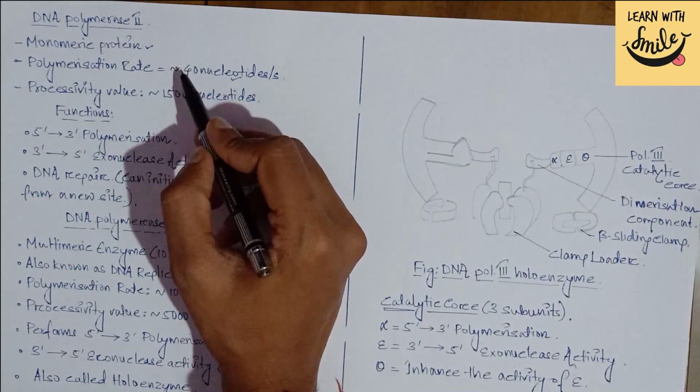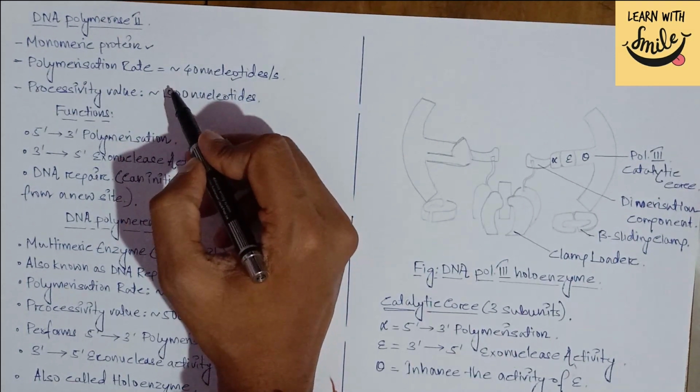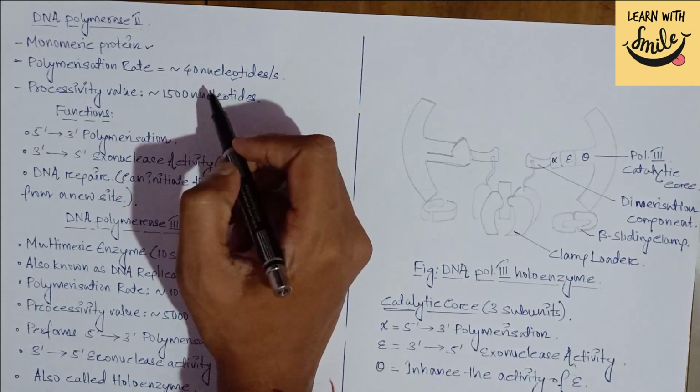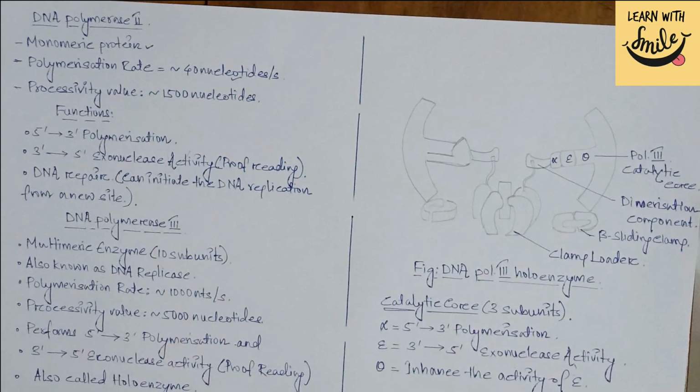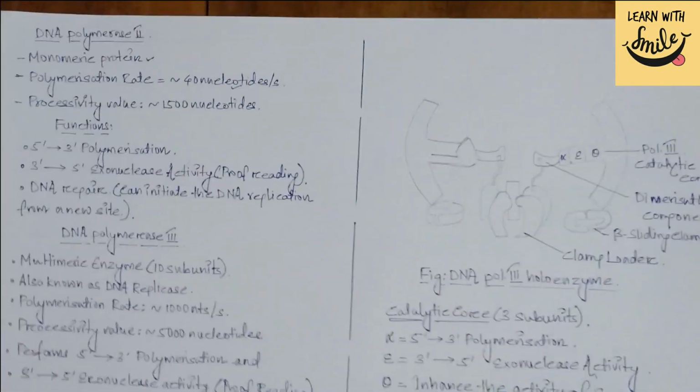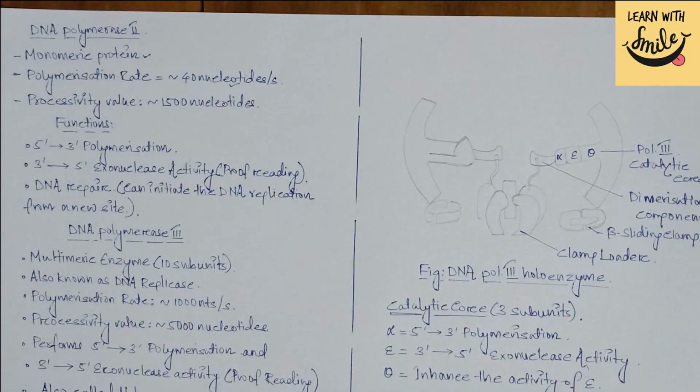Its processivity value is approximately 1500 nucleotides. That is, at a time DNA polymerase 2 can add up to 1500 nucleotides.